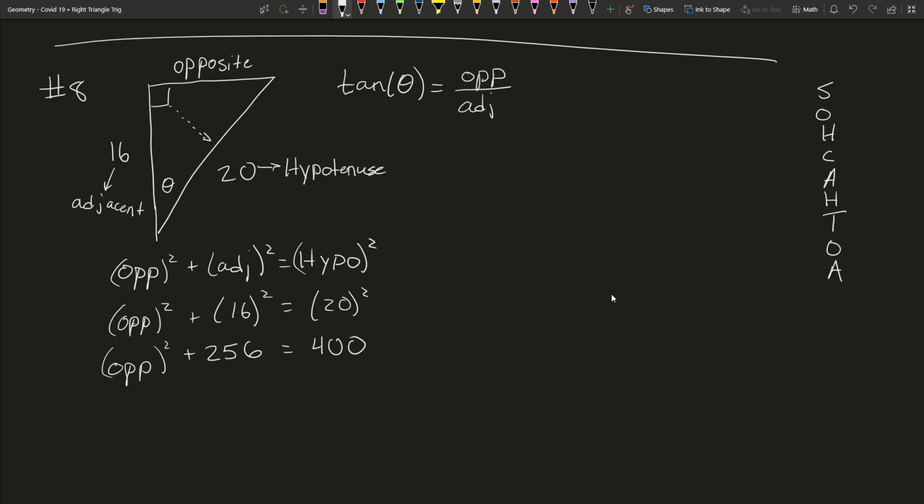Are there questions about what I have up on the screen so far? Okay, then we have to solve for that opposite. All right, so the first thing we need to do is subtract 256 from both sides.